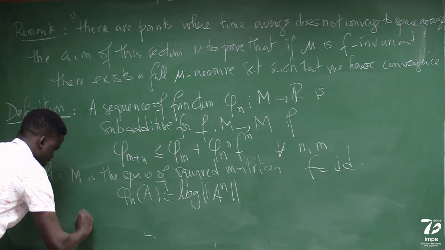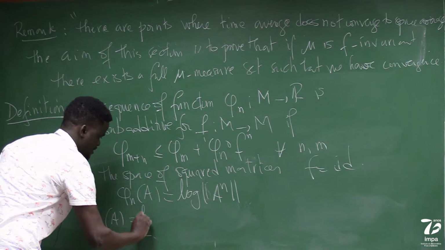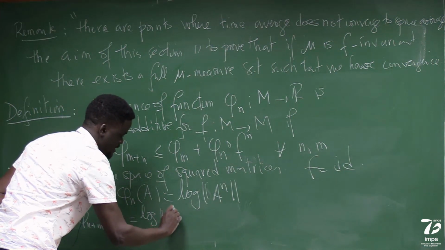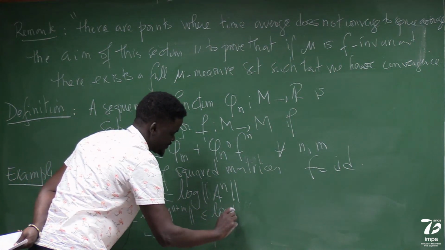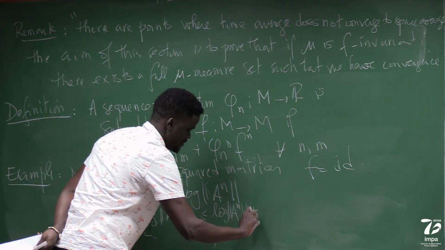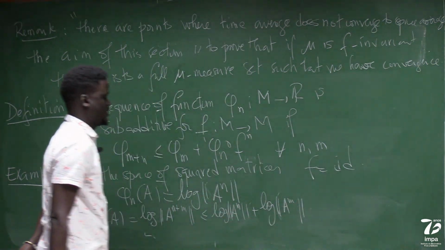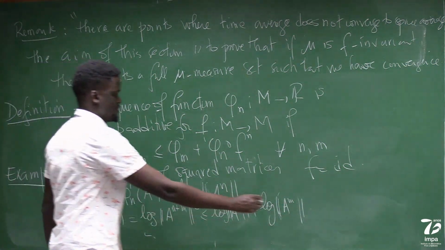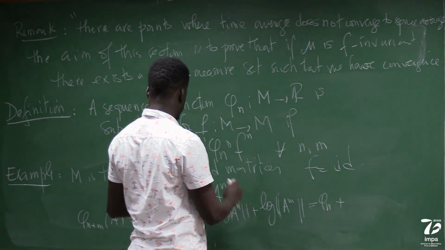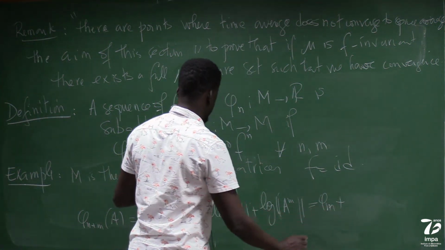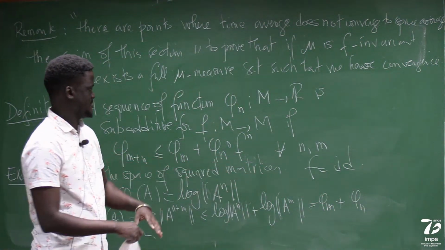You have that phi n plus m of A equals log of A to the n plus m, which is less than log of A to the n plus log of A to the m. This is phi n plus phi m, because F is the identity.